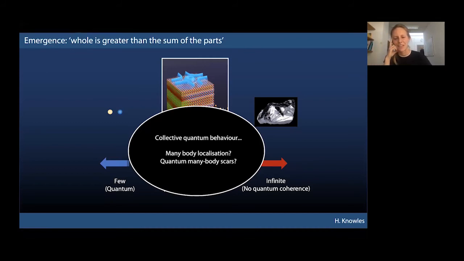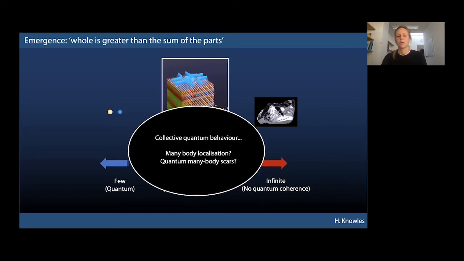Many body localization, where typically if you take a quantum state and let it interact with its environment, it will dephase. It will lose its information very quickly because these states are so fragile. But under certain circumstances, depending on the interaction that you have, these states might not decay.